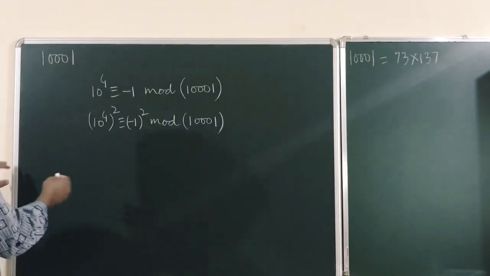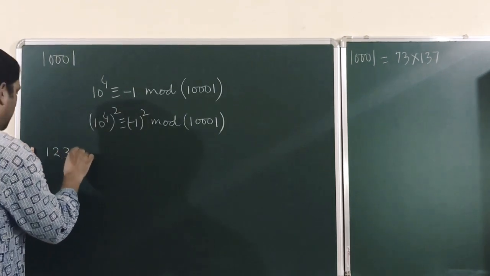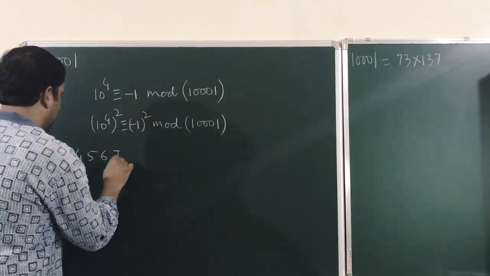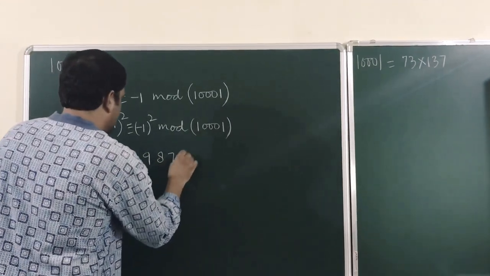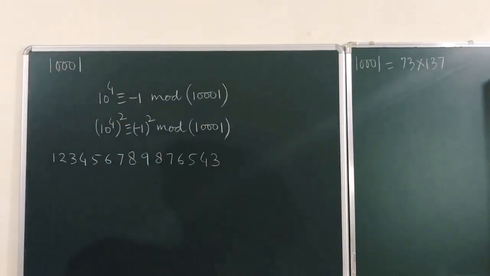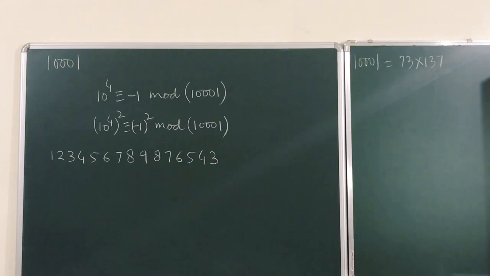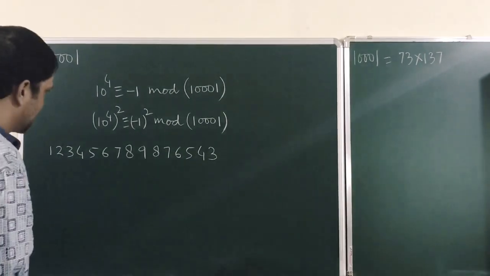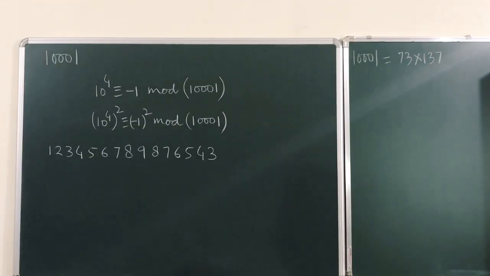How? Let's say I have any number. I take the number 1, 2, 3, 4, 5, 6, 7, 8, 9, 8, 7, 6, 5, 4, 3. Let's say I take this big number, and I have to check the divisibility by 10001 or by 73 or by 137. So first we will break this in the powers of 10 raised to the power 4.